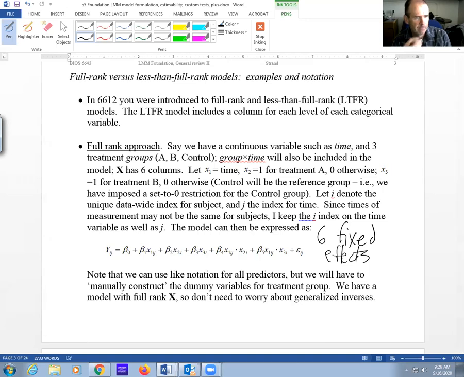If this is longitudinal data, we're taking measures over time on subjects, we could specify, just like we did before, the R matrix to account for the repeated measures, or we could add random effects. You don't see them here, but that's another way we could deal with the repeated measures.